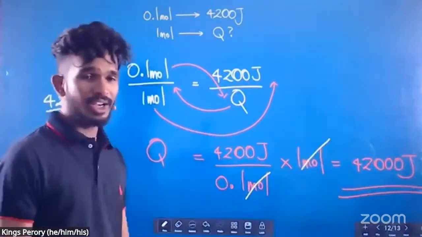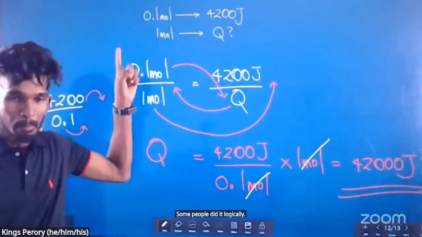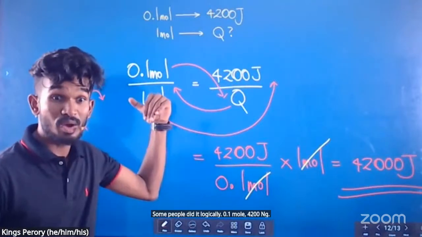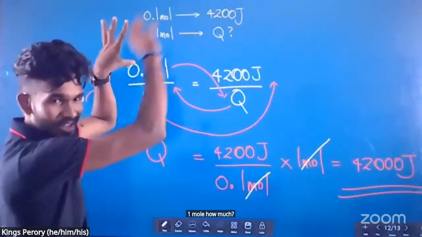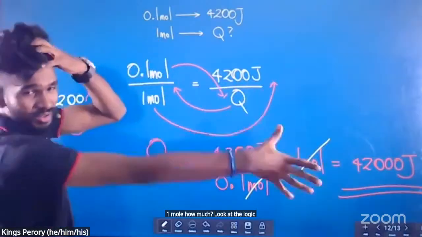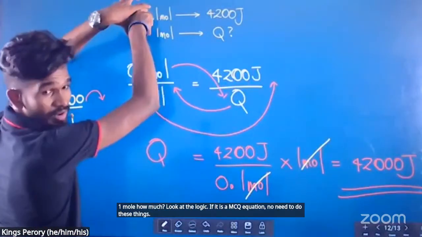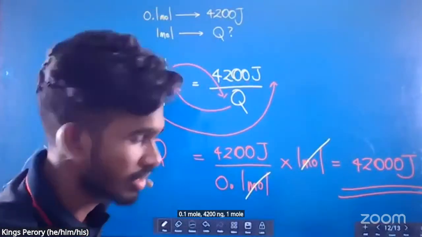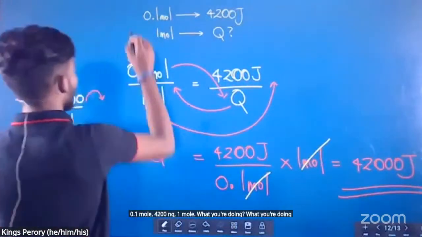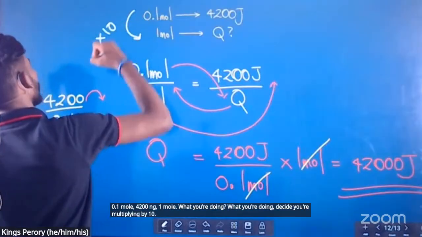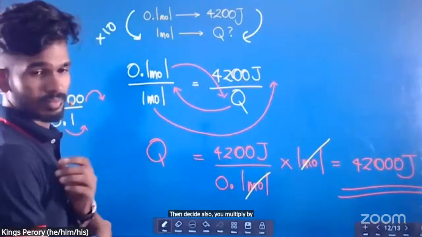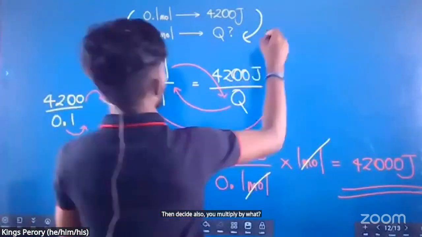Now some people did it logically. 0.1 mole gives 4,200. For 1 mole, how much? Look at the logic. If it is an MCQ question, no need to do all these steps. What are you doing? This side you're multiplying by 10, so this side you also multiply by 10.